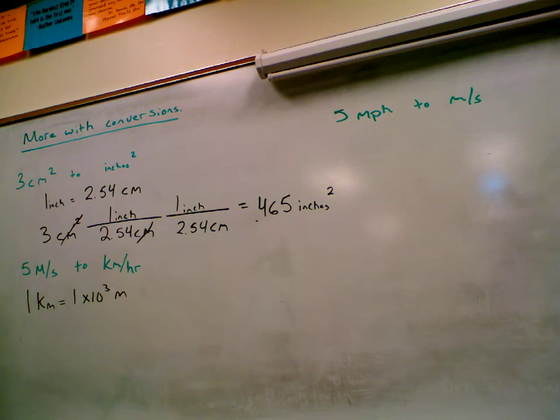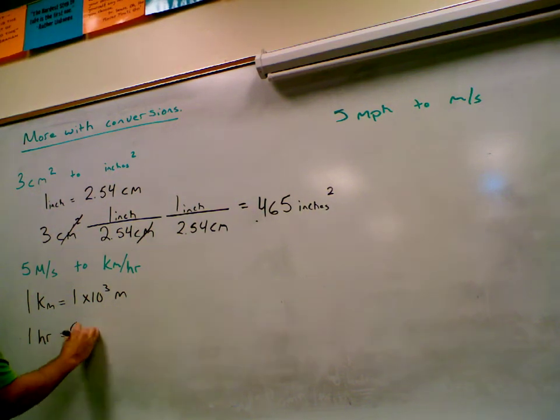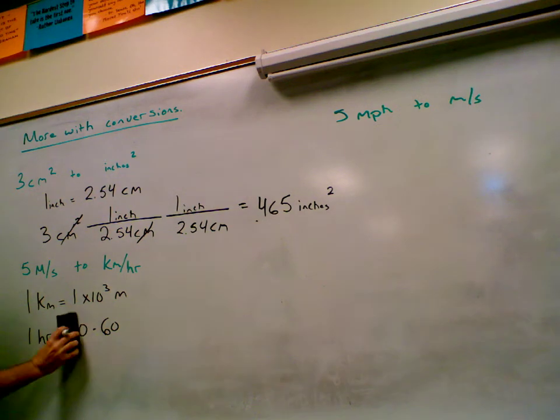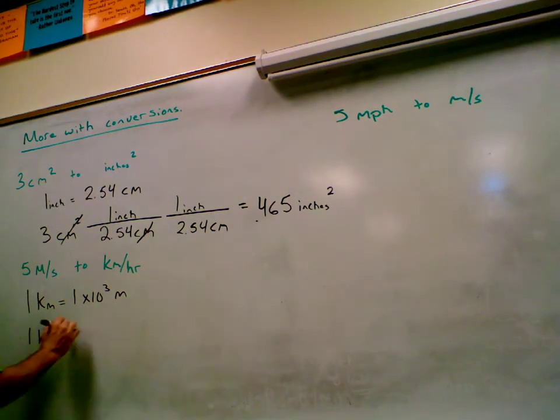Now let's look at the seconds to hours. How many seconds are in an hour? 60. Whoa, not 60. There's 60 seconds in a minute and 60 minutes in an hour, so it's going to be 60 times 60. And what is 60 times 60? 3,600.